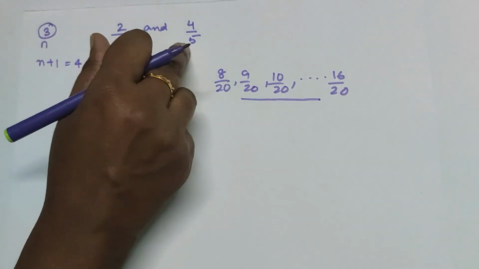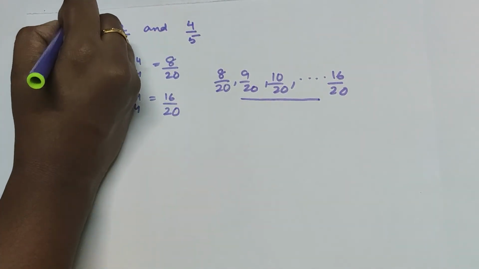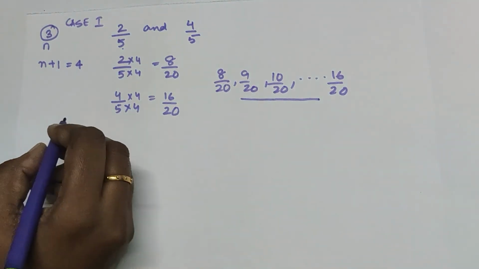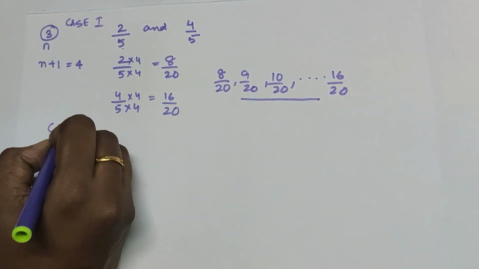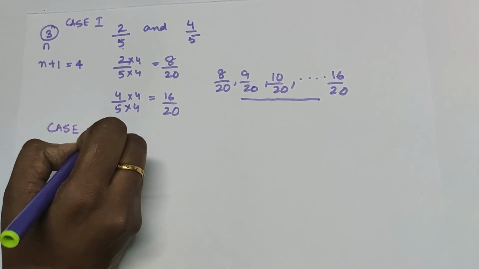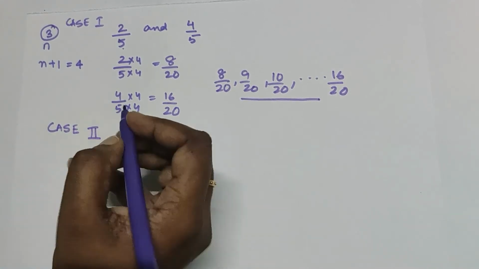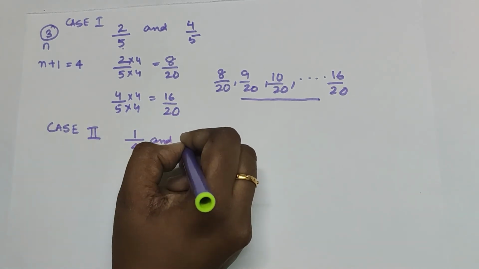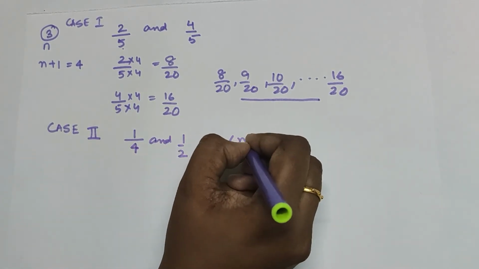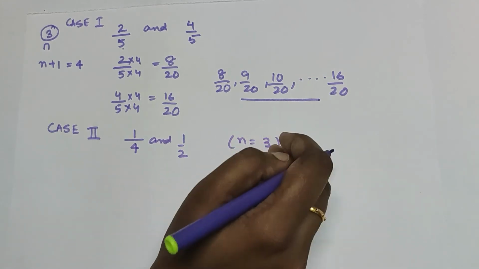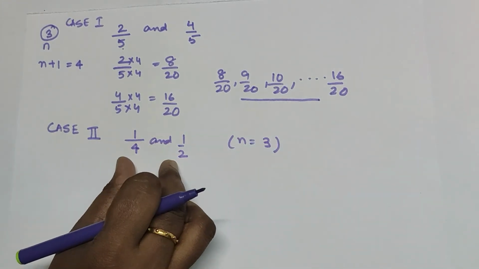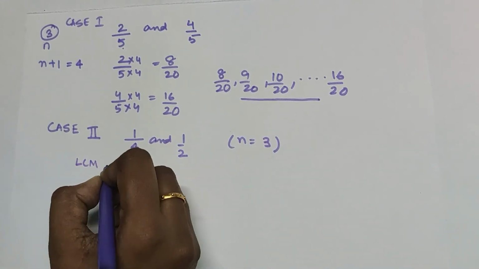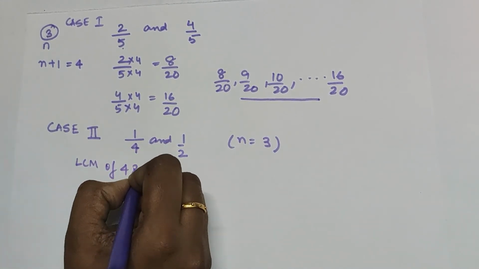Now this is when the denominator is the same. This is case 1. There is another case, case 2, when we have different denominators. For example, if we are asked to insert 3 rational numbers between 1/4 and 1/2, so n is 3. As the denominators are different, our first task will be to calculate the LCM of 4 and 2.